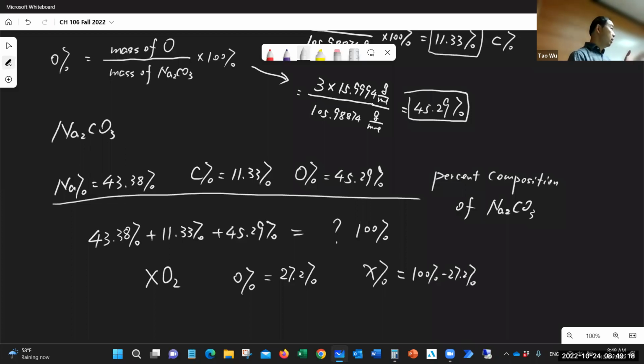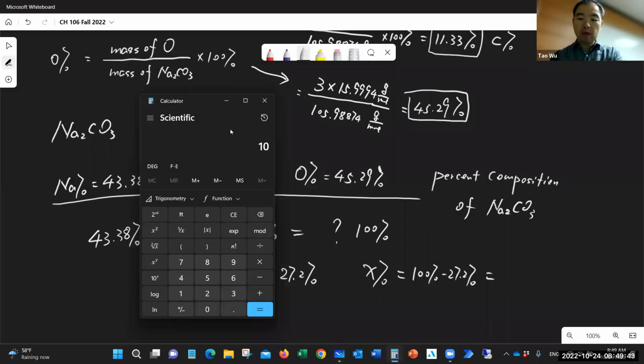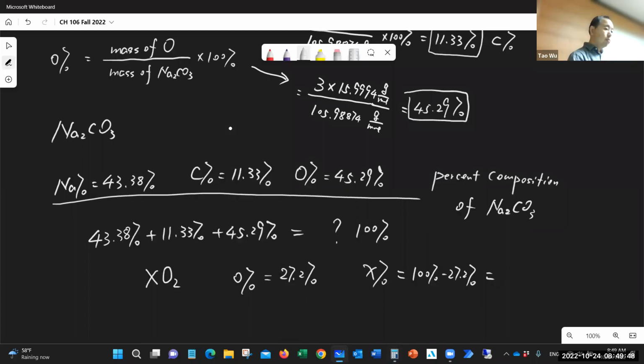Because in this compound we only have 2 elements, X and oxygen. If you know the oxygen percent, the other percentage should be just 100 minus that, because the sum of those percentages should be equal to 100%. Then you got 72.8%. Make sense?